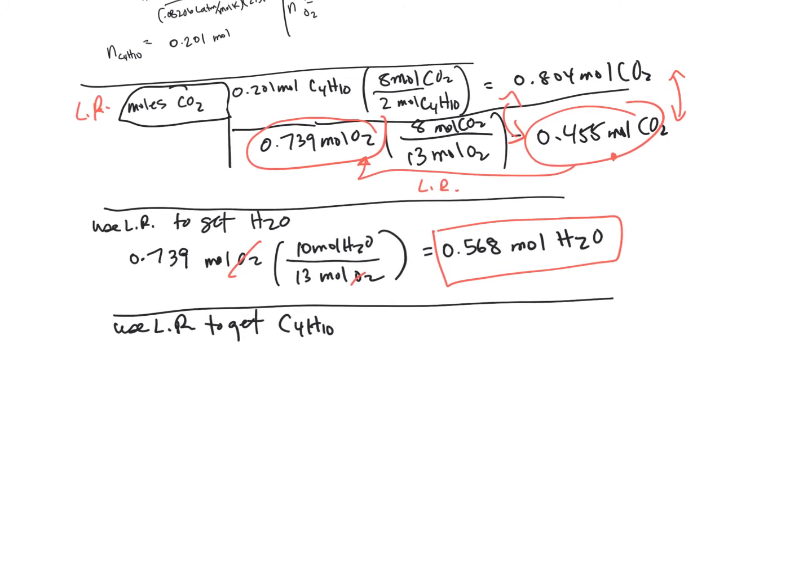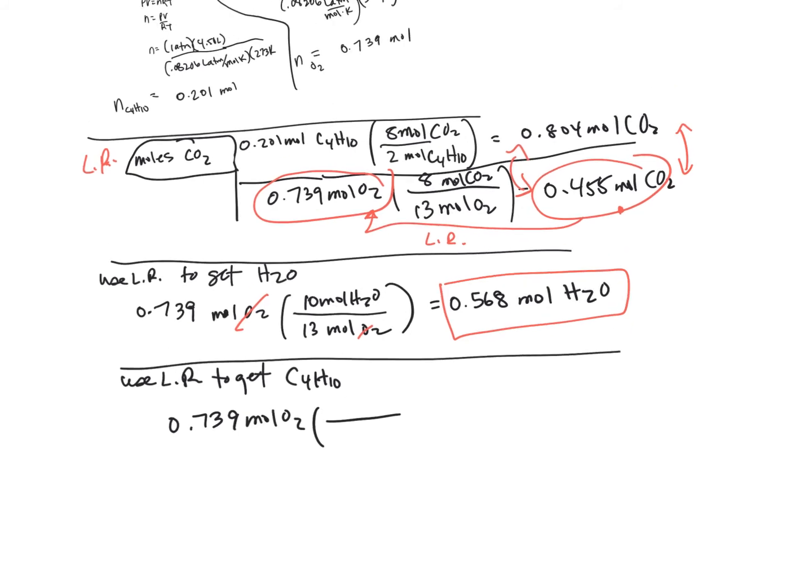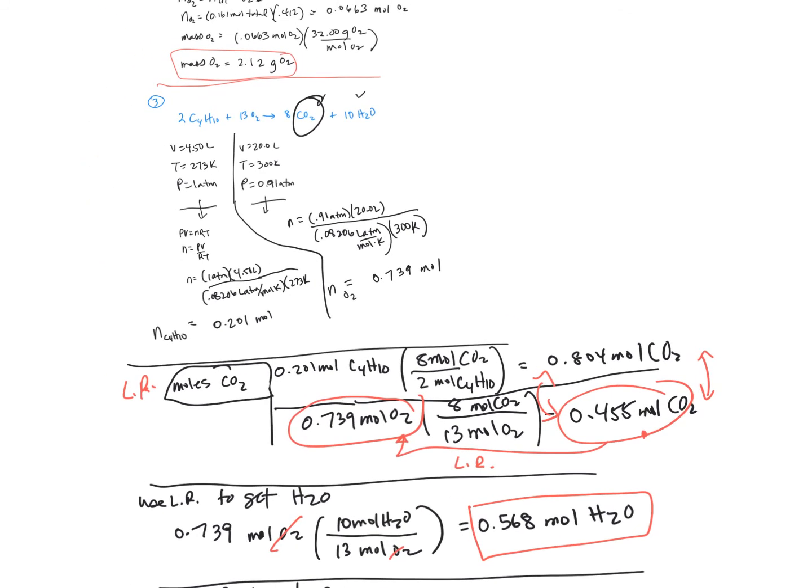All right, so we're going to take the same limiting reactant, 0.739, and we'll look at the periodic table again to get the amount of butane. Let's go back up there again. You have 2 moles of butane for every 13 moles of O2. And I can see in the key that there's a unit error there. I'm going to correct it right now.